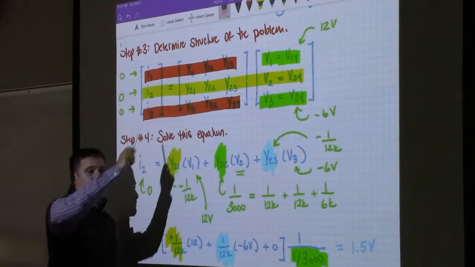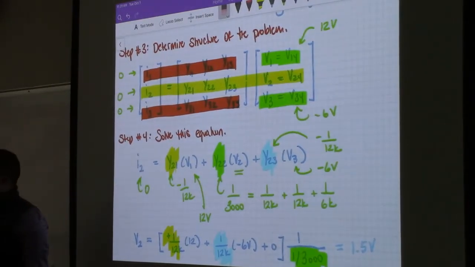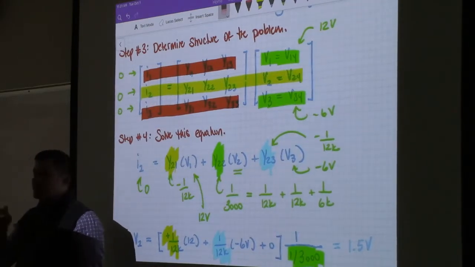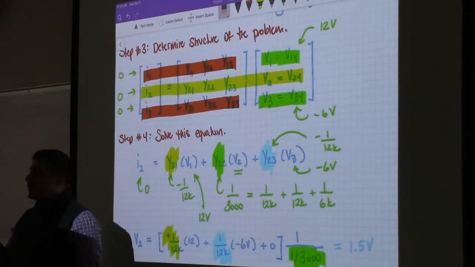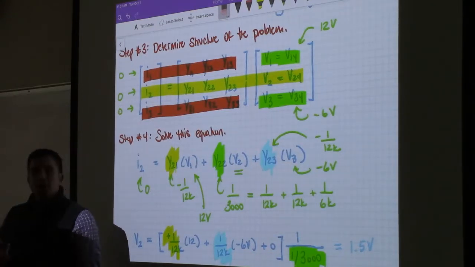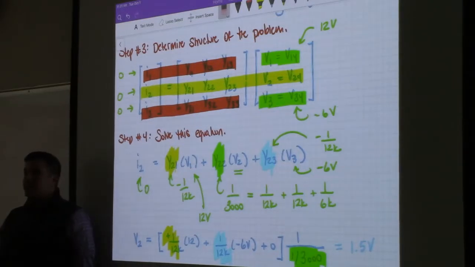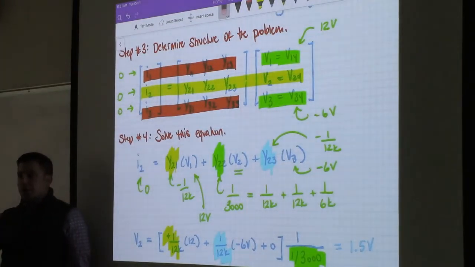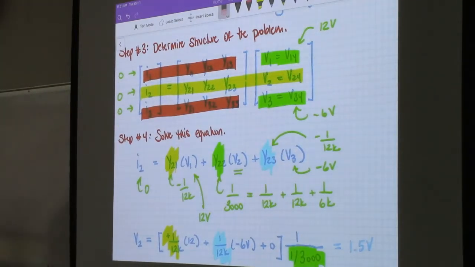As long as we don't have a dependent source, we can use our same by inspection method for determining Y21, Y22, and Y23. So what is Y21 going to be? It's an off diagonal, which means it's going to be negative. It's going to be negative 1 over the resistance between nodes 1 and 2. So let's go up and look at what that is.